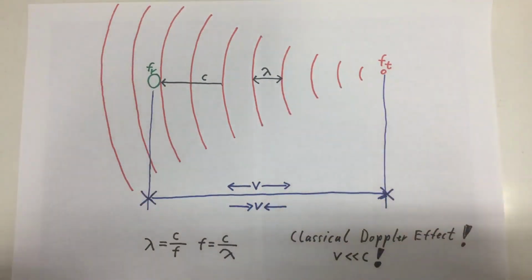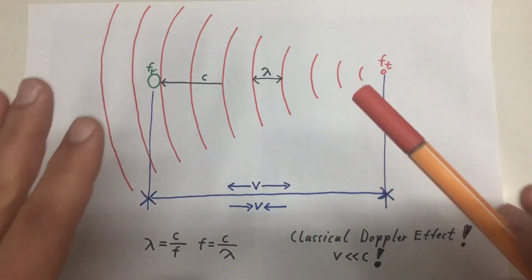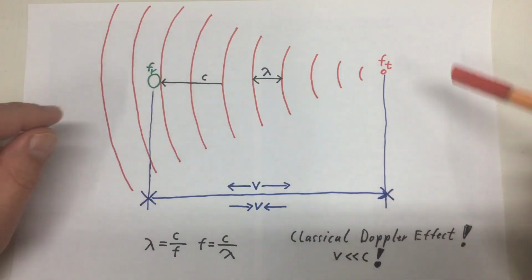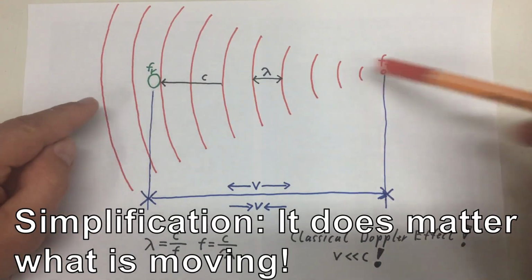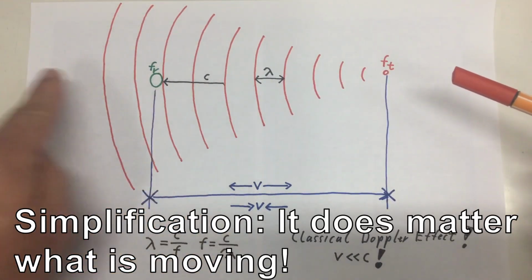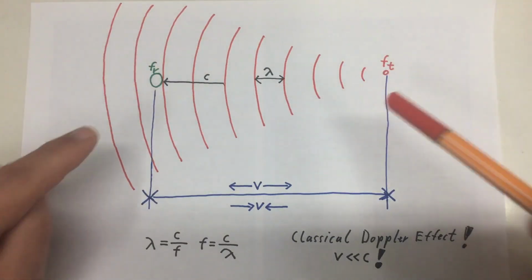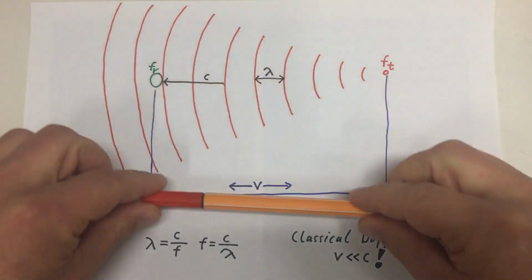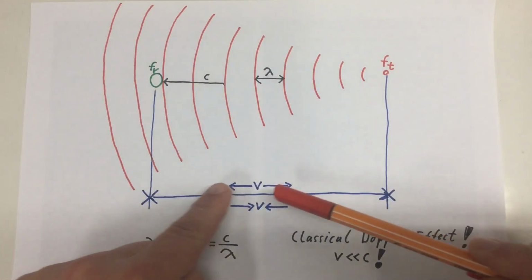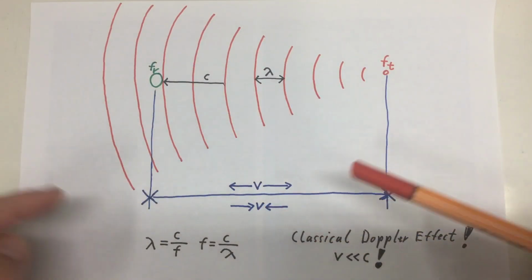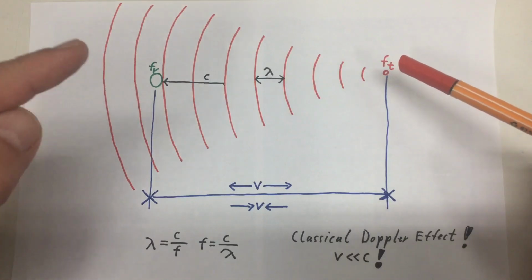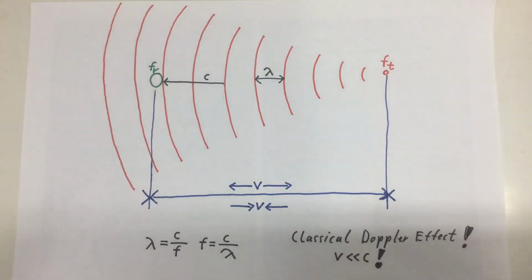Now let's get moving, and it doesn't matter what is moving, if just the transmitter is moving or the receiver is moving or both are moving. All that matters is the relative velocity, which can be positive or negative, between the transmitter and the receiver.